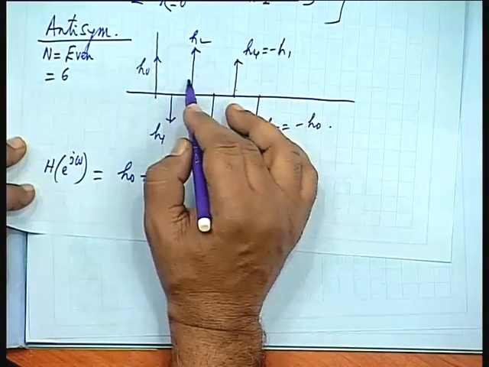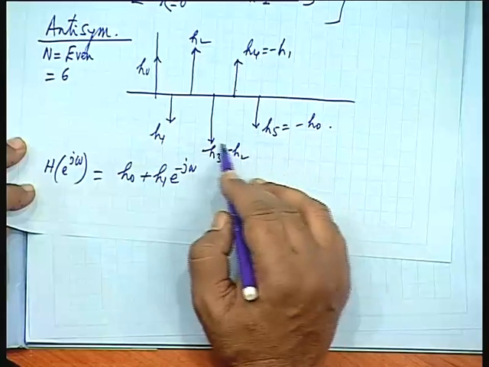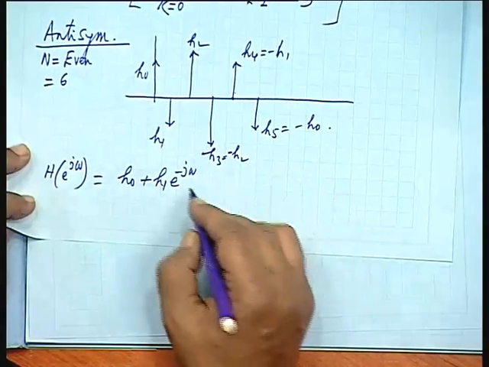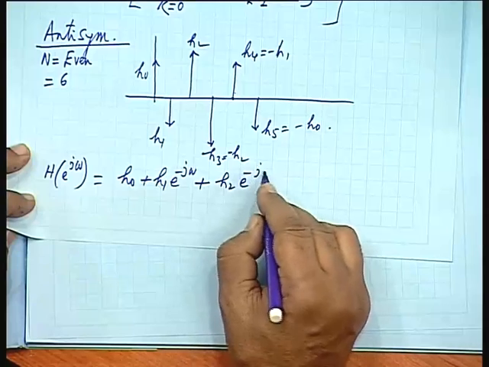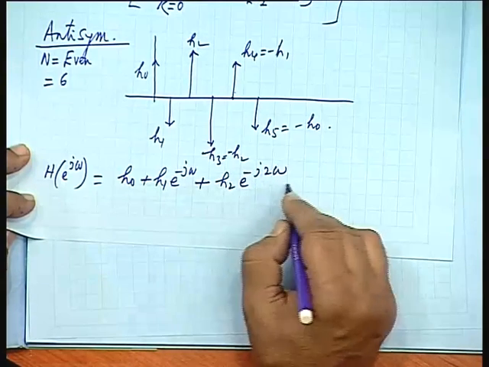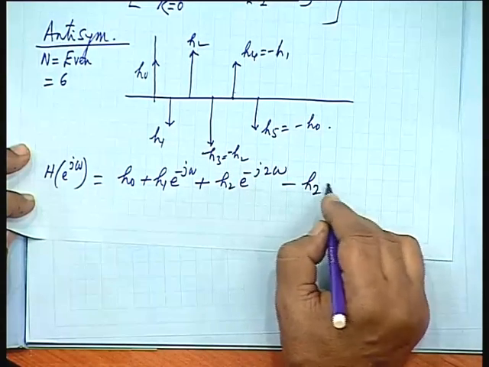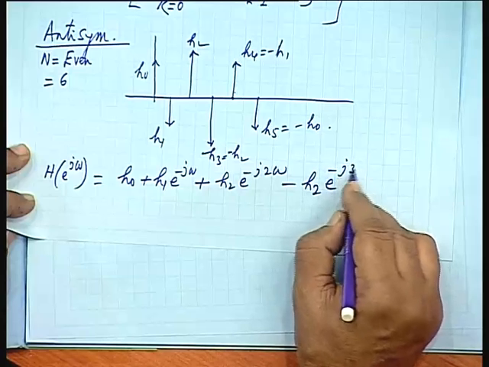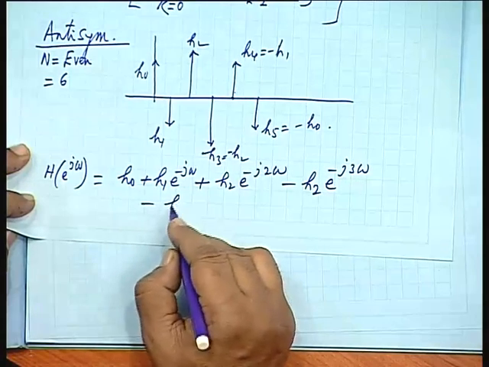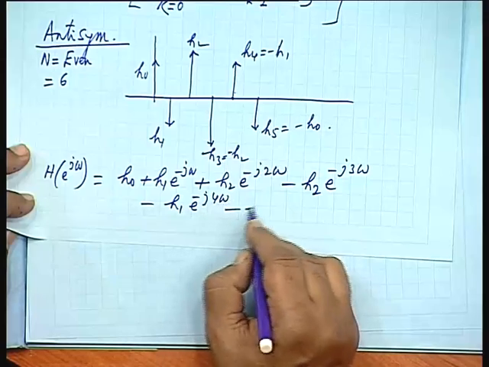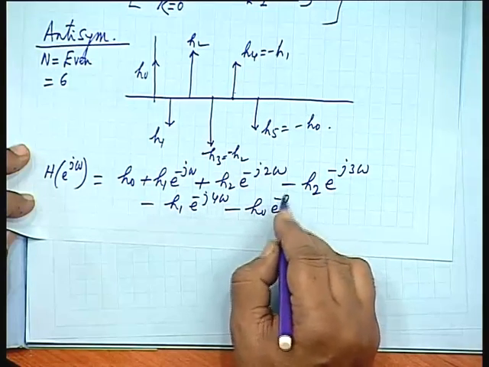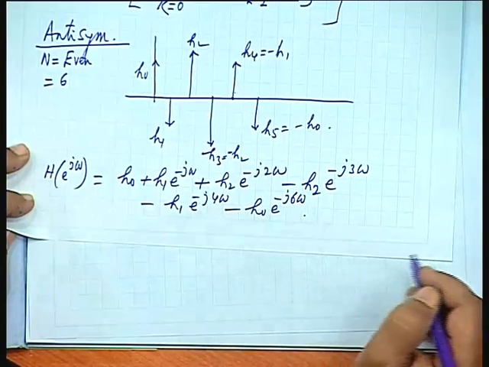Whatever is the value of H2, it will be negative in the case of H3. So, H2 e^(-j2ω) minus H2 e^(-j3ω) minus H1 e^(-j4ω) minus H0 e^(-j5ω). Is that all right?